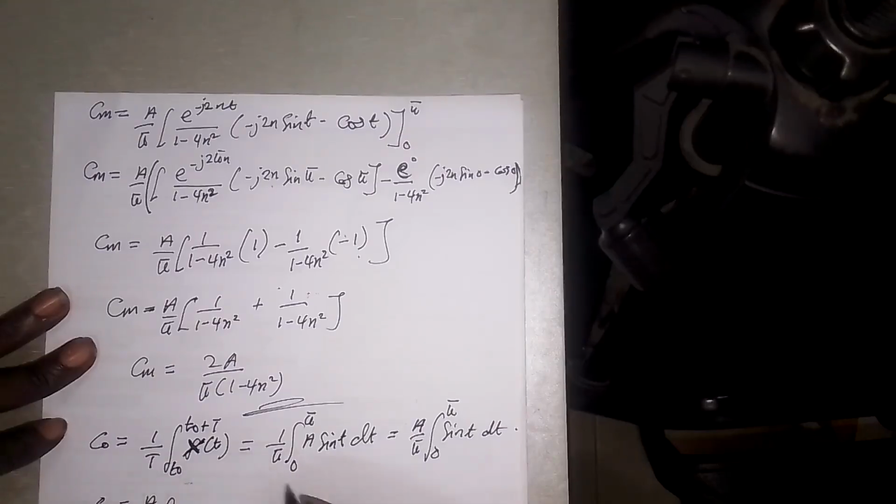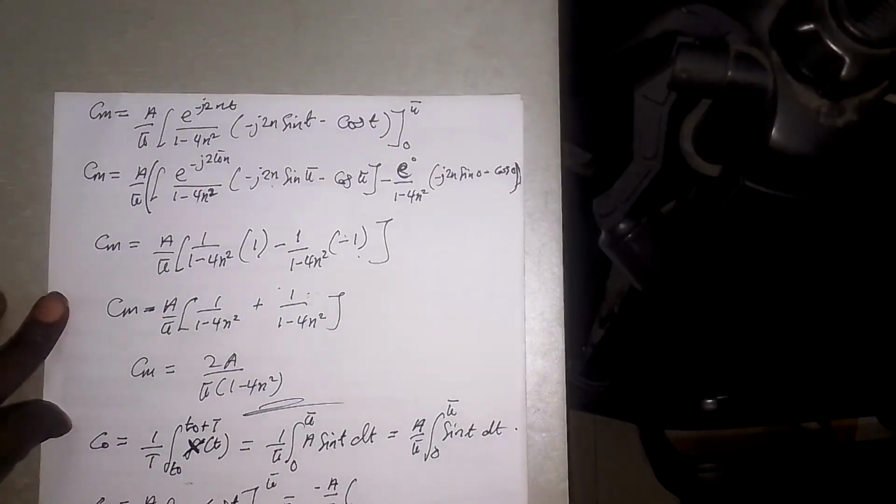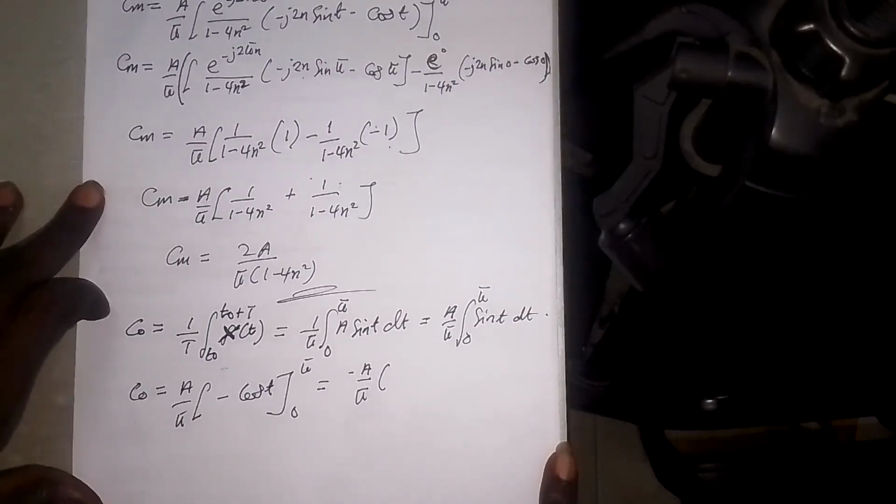So now C naught is going to be A over pi into minus cos t, from 0 to pi. So now you have minus A over pi into cos pi.